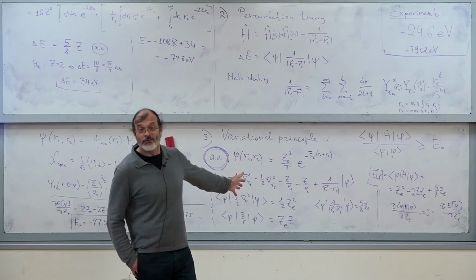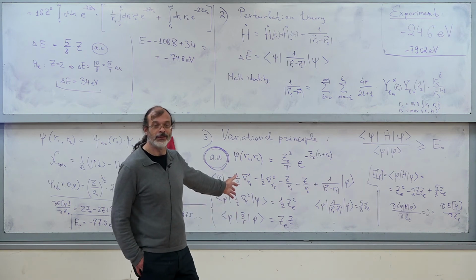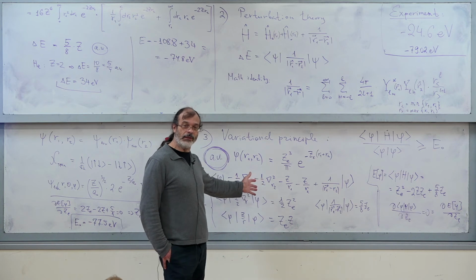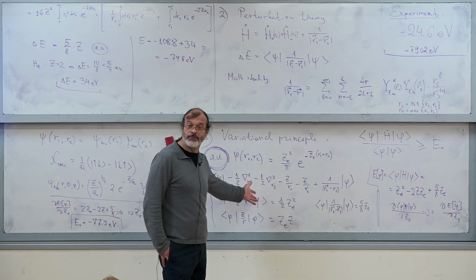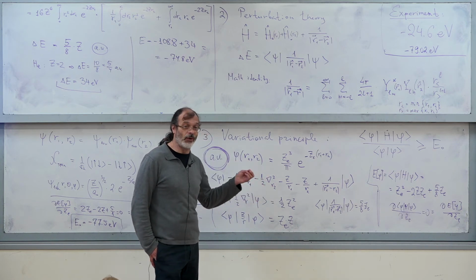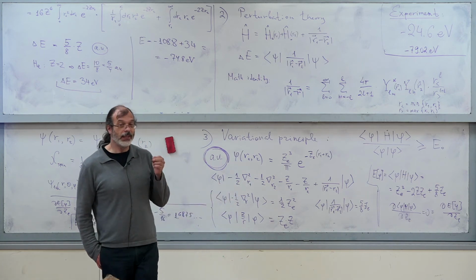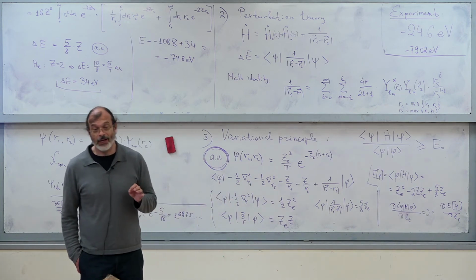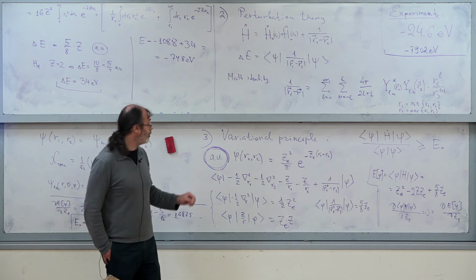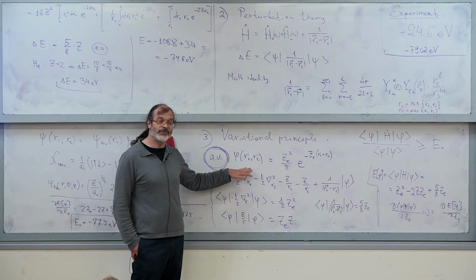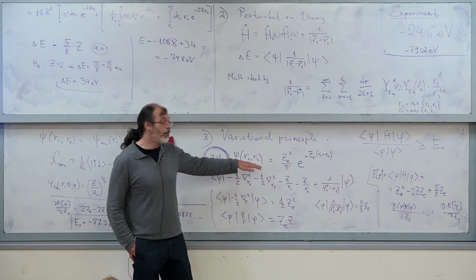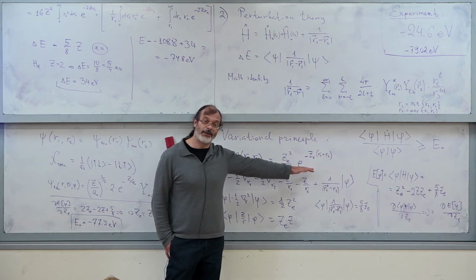So there are tons of papers written on this variational principle. So why tons of papers? Because this is a guesswork. So if you are intelligent enough, you can come and guess a different wave function. So you can bring more parameters to vary.